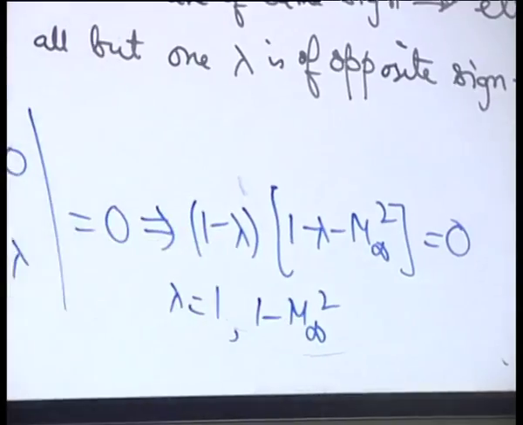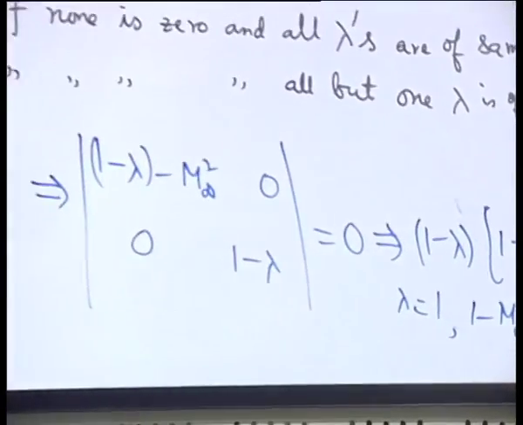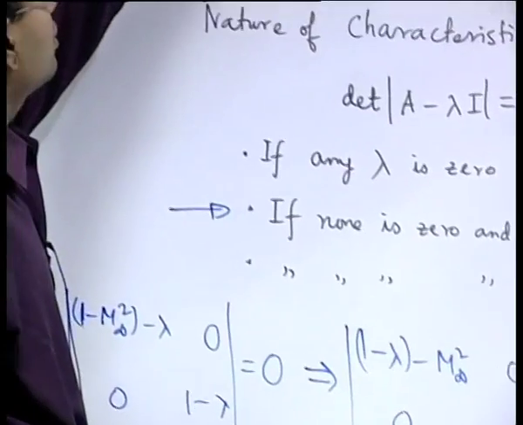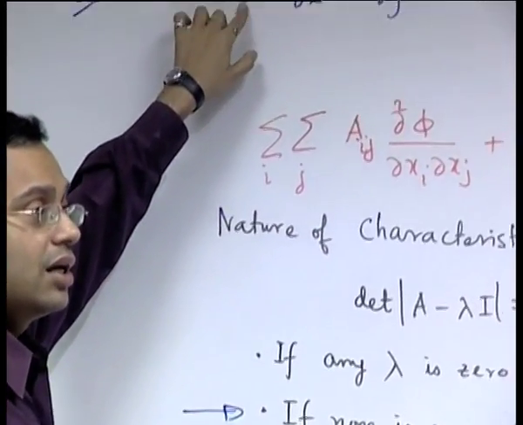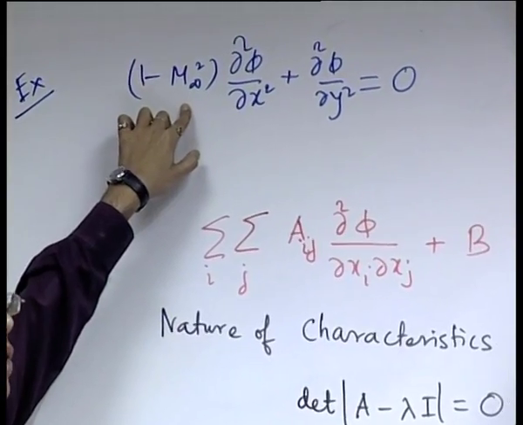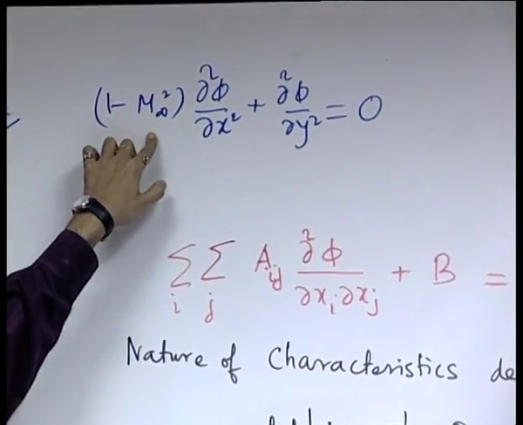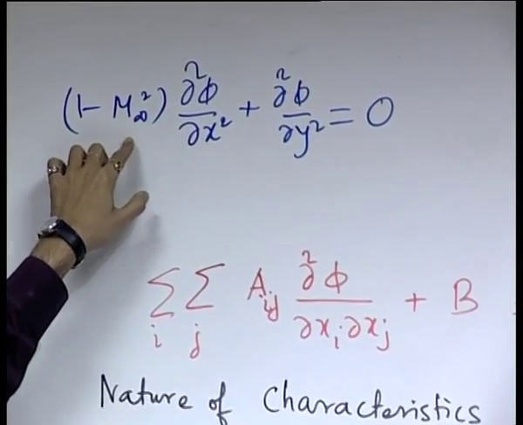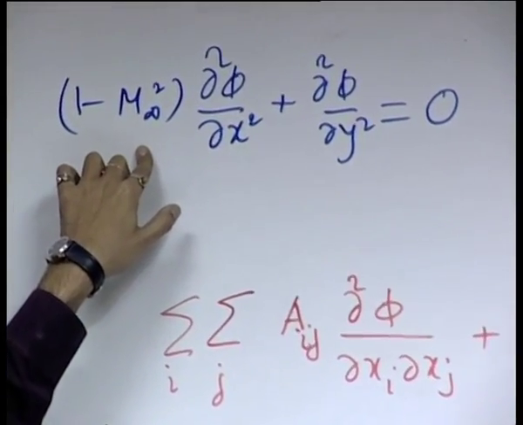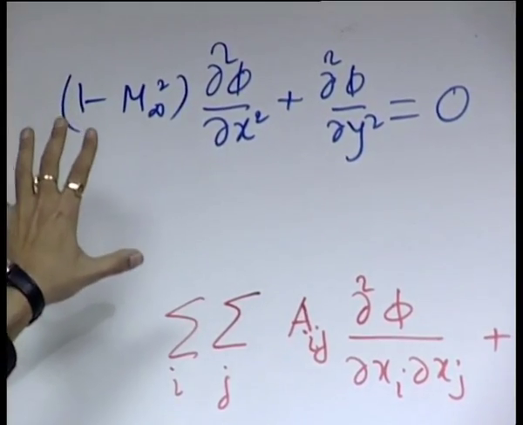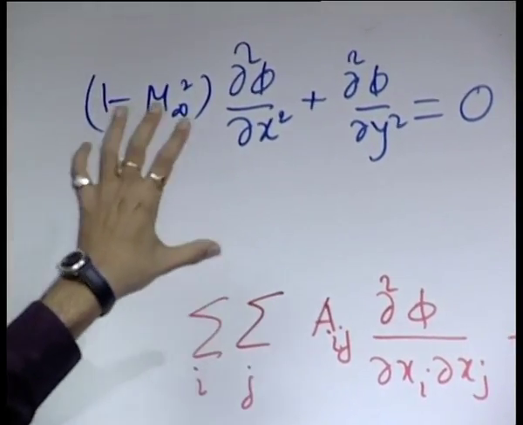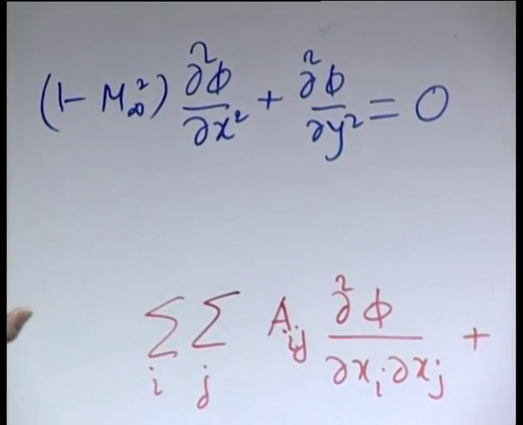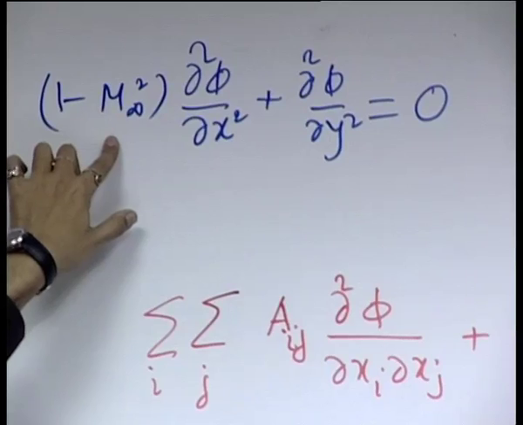So the same generic equation, depending on the free stream Mach number, can be parabolic, elliptic or hyperbolic. That is the important role played by the Mach number in compressible flows. You cannot trivially say that this equation is parabolic, elliptic or hyperbolic without regard to the Mach number.